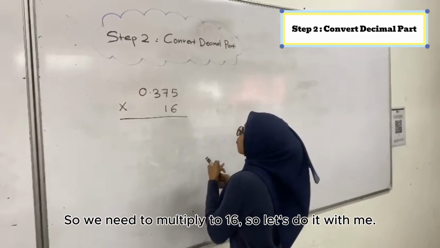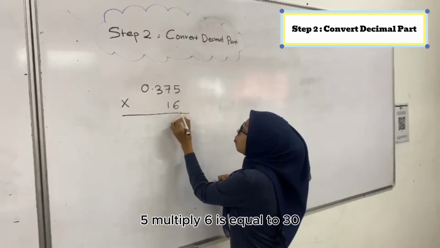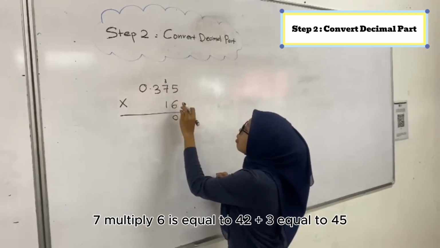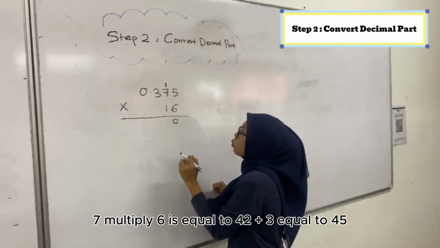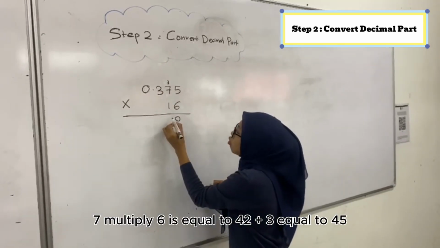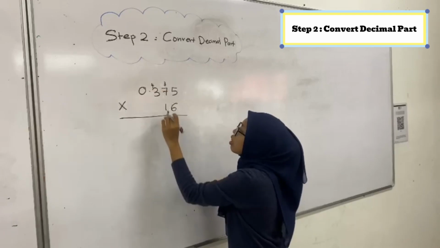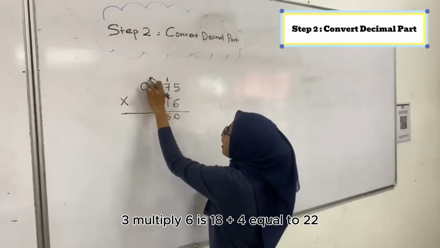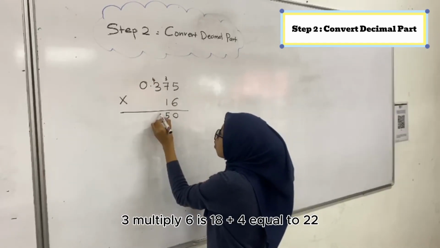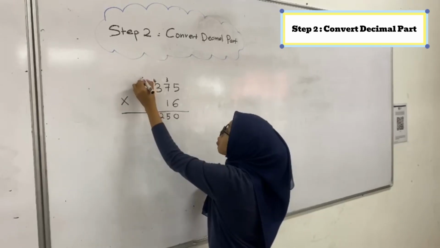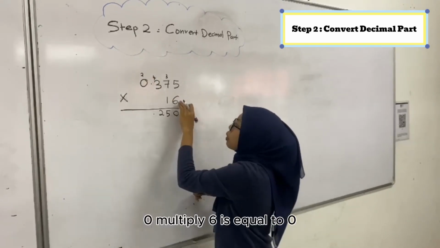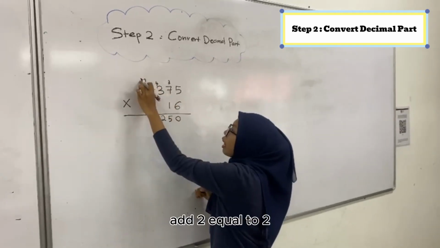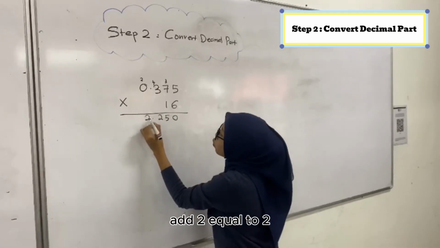Let's do it with me. 5 multiply 6 is equal to 30. 7 multiply 6 is equal to 42 plus 3 equal to 45. 3 multiply 6 is 18 plus 4 equal to 22. 0 multiply 6 is equal to 0, add 2 equal to 2.